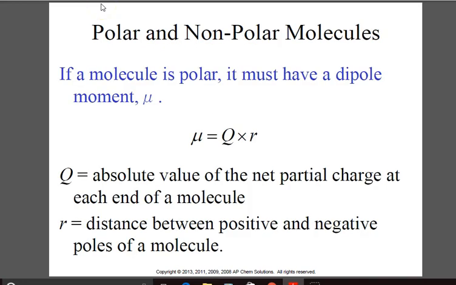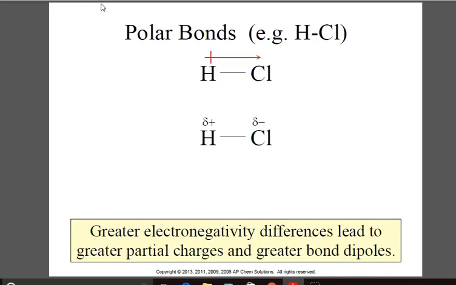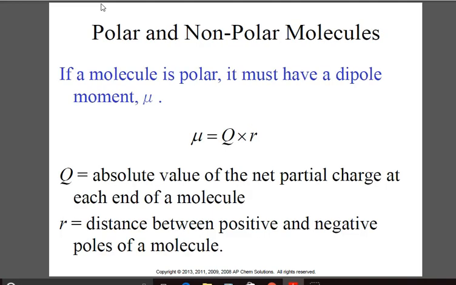All right, polar and nonpolar molecules. So if we look back, this molecule, HCl, only has a single bond in it. But what we want to talk about here is whether or not the entire molecule is polar. And we're going to talk about molecules with lots of bonds in them, not just single bonds like we saw there.